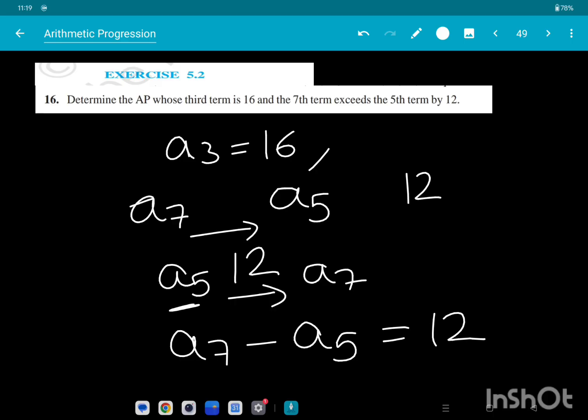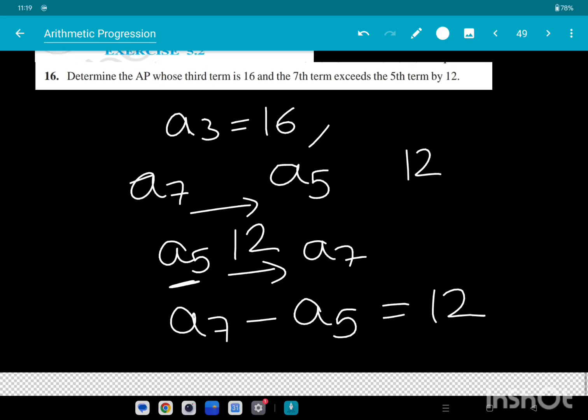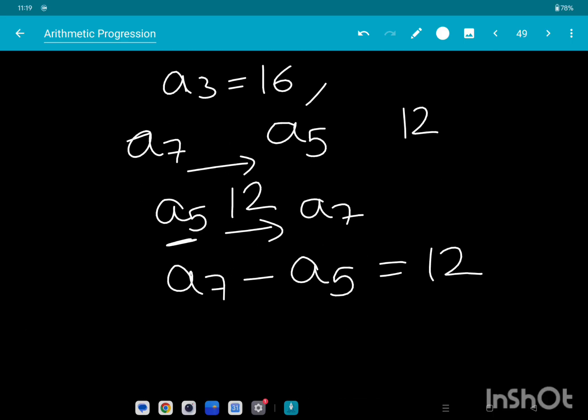Exceeds means the difference is 12. So A3 is 16 and A7 minus A5 is equal to 12.